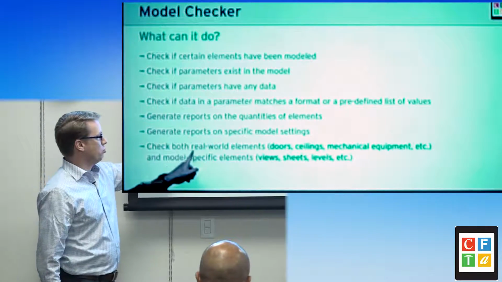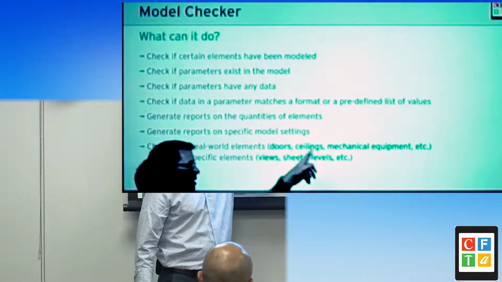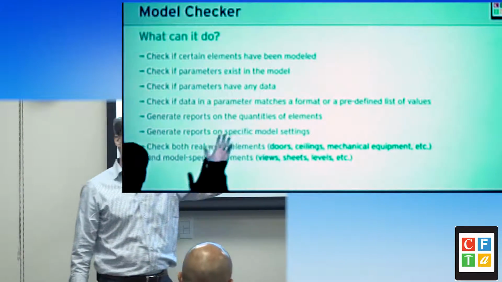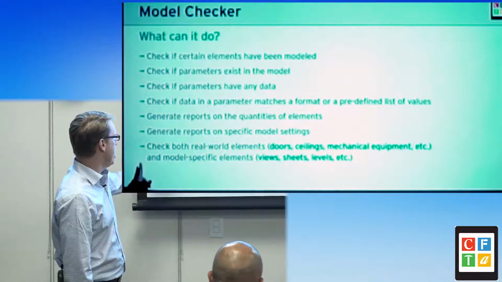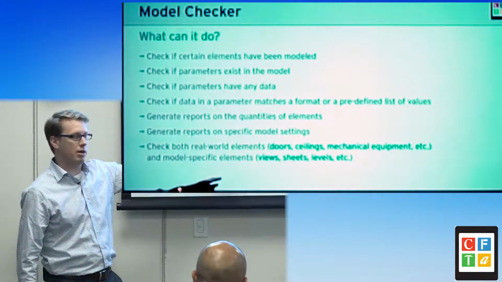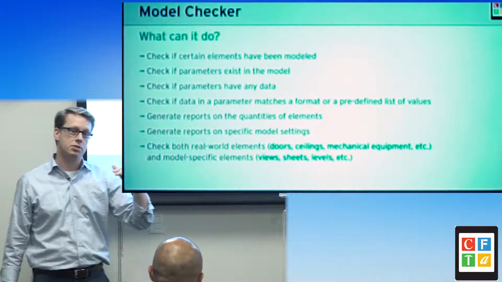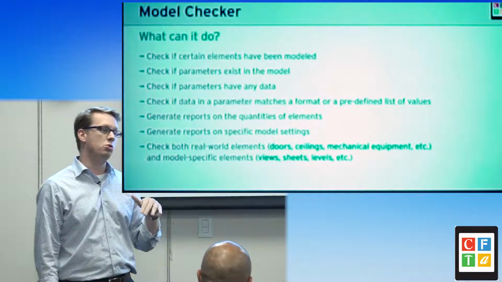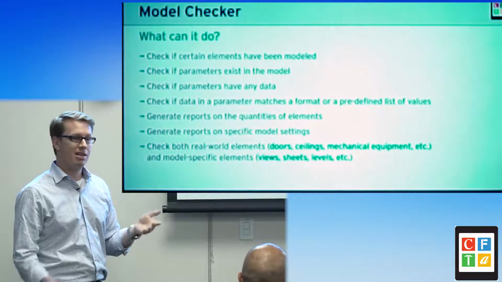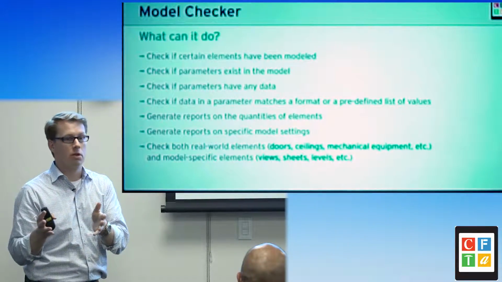So it can check both real-world elements in your model, right? Doors, ceilings, mechanical equipment, think of managed assets, essentially. But it can also check things that are specific to Revit, like the views and the sheets and the levels. So you can make sure that those were set up right, so that the model is consistent from model to model, because that's really what you want.